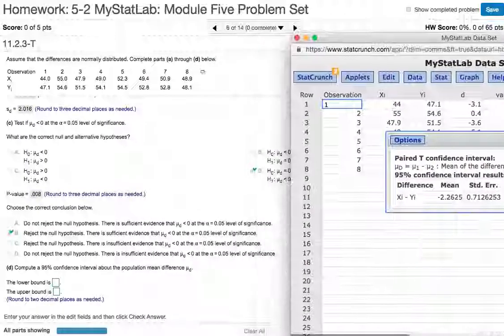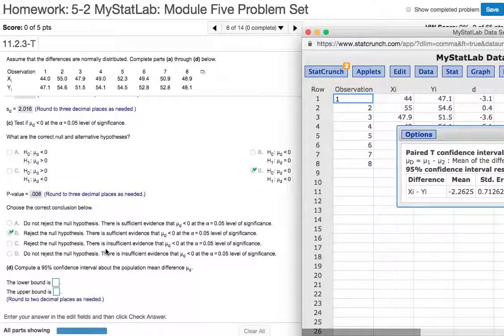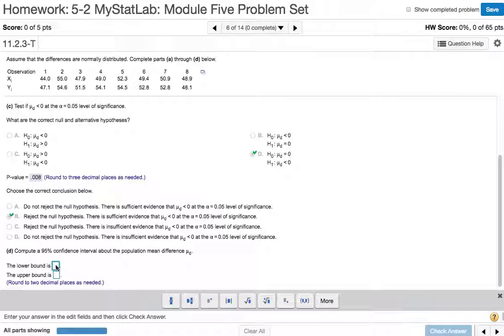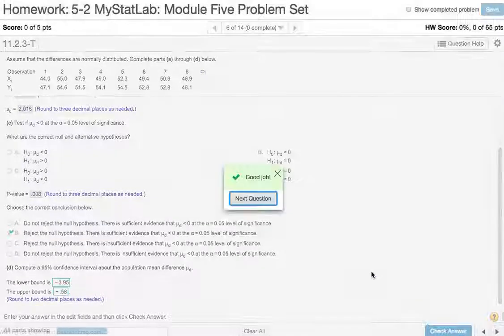So let me put those in there. So we've got the lower bound. Okay, we've got about 2 decimal places. So negative 3.95. And then the upper bound is negative 0.577. Oh, I went too many. Okay, so let's see how we're looking at that. All right, so that is it.